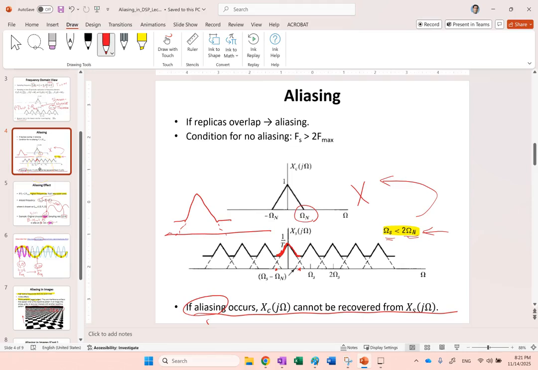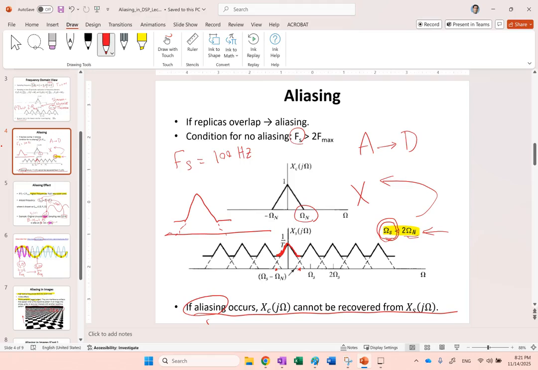Let's say you cannot sample any faster than this. The hardware that you use for A to D, analog to digital, the one that takes the sampling, is all you have. And the best it can give me for the sampling frequency is, let's say, 100.